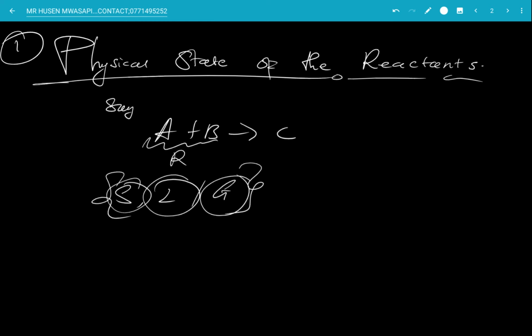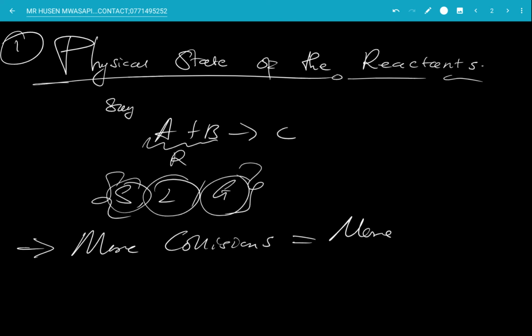So, in a nutshell, you can say the more collision that you have within these reactants, the more rapid the reaction will be. So more collision results in what? More rapid the reaction gets.